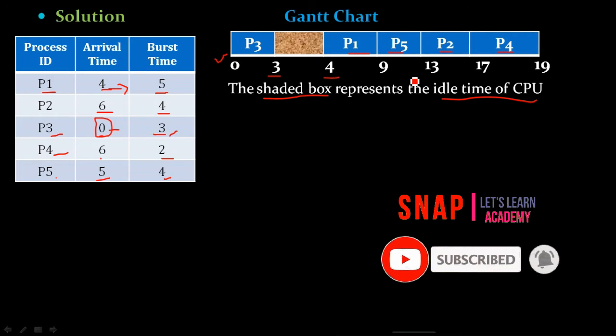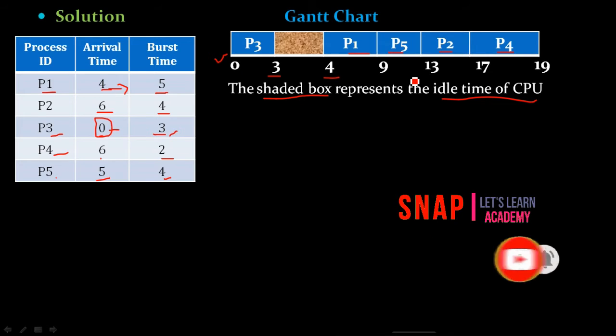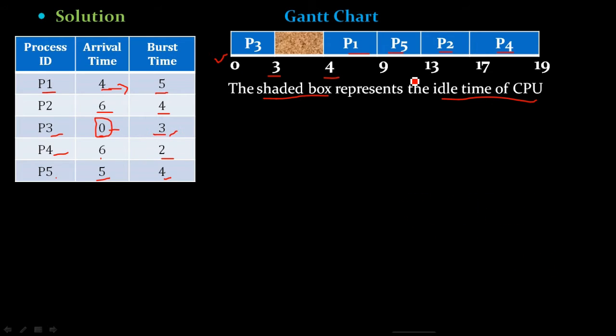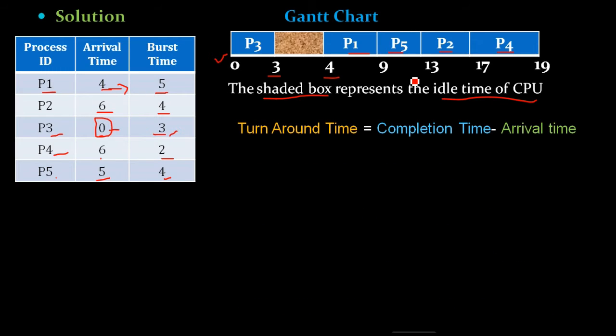In this way, to calculate the turnaround time, the formula is completion time minus arrival time, and waiting time of the process is calculated as turnaround time minus burst time. How to calculate it? Through this table you can understand.